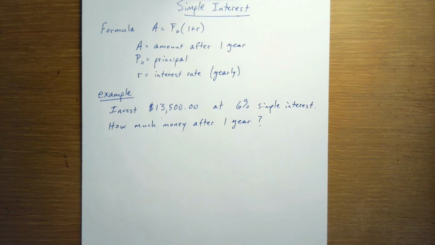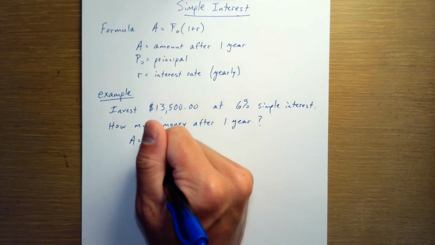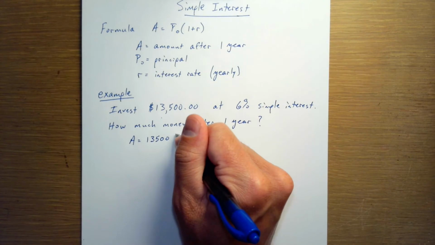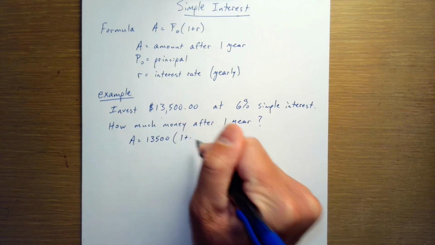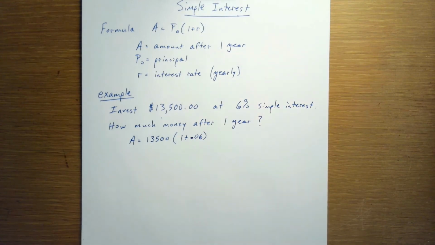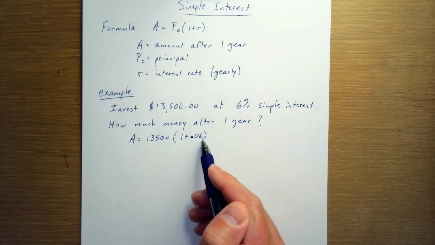So to find this out, we'll use our formula. The amount will be our initial investment, 13,500 times 1 plus R, which is 0.06. We have to change percents into decimals, and you do that by moving the decimal place over 2 spots.